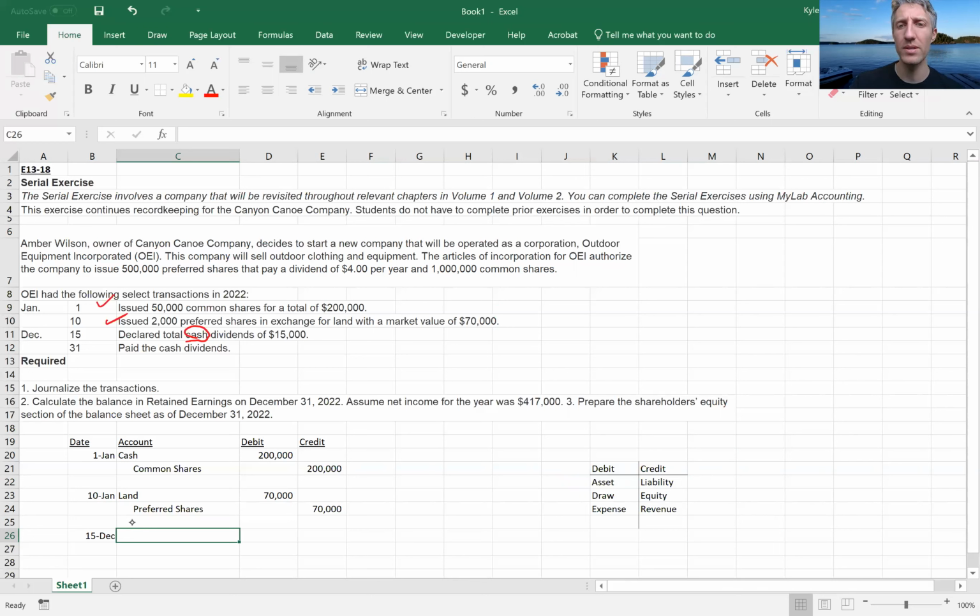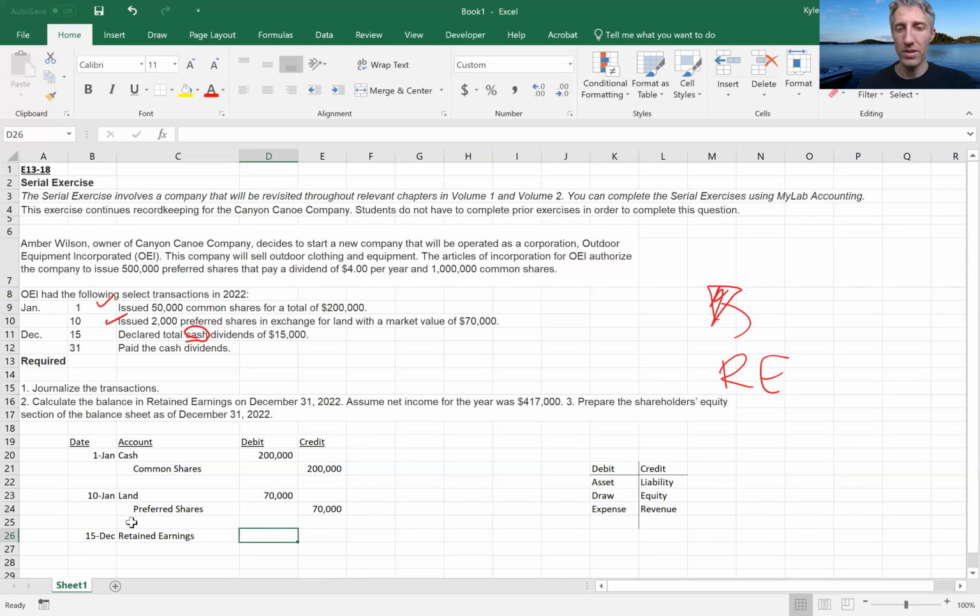And I'm going to do a little bit of a review for us. We know that dividends get paid out of retained earnings, or at least we should know. So since dividends get paid out of retained earnings, we're going to be lowering retained earnings. Why?